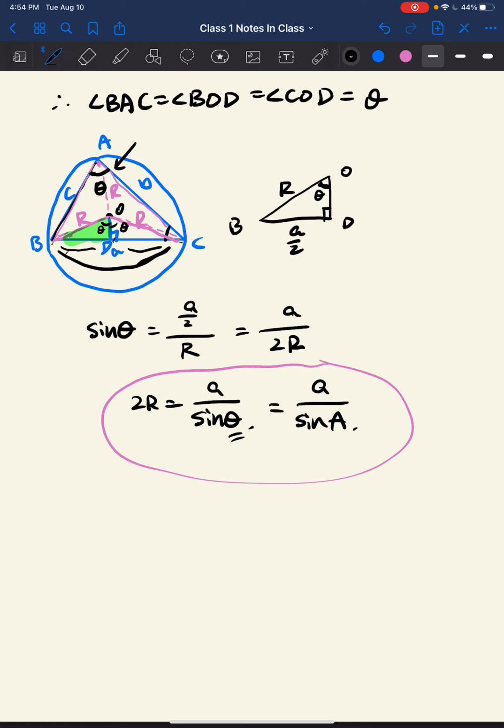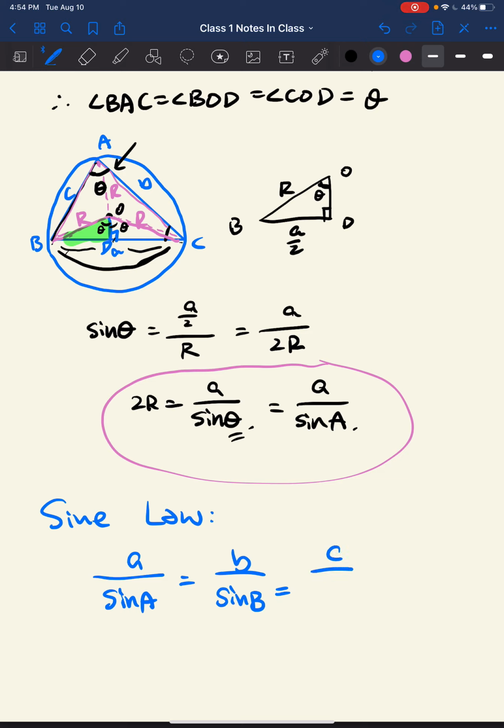So let me write the entire sine law again. It is A over sine A equals B over sine B equals C over sine C, and the entire thing equals 2R, where R is the circumradius.